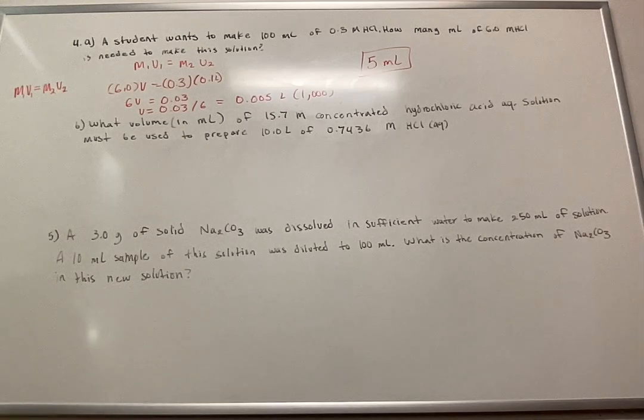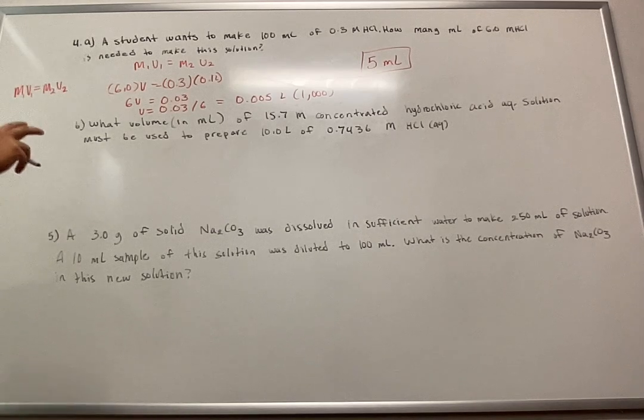In part 2, what volume in milliliters of 15.7 molar hydrochloric acid aqueous solution must be used to prepare 10 liters of 0.7436 molar hydrochloric acid?